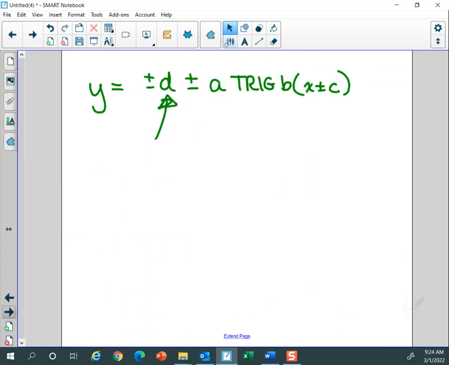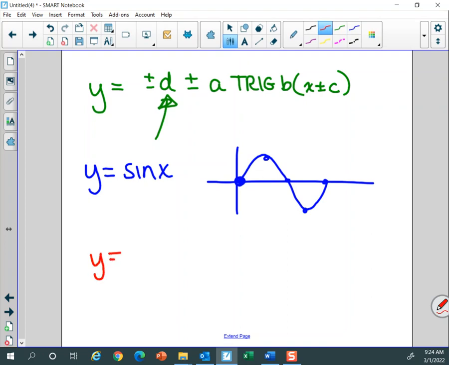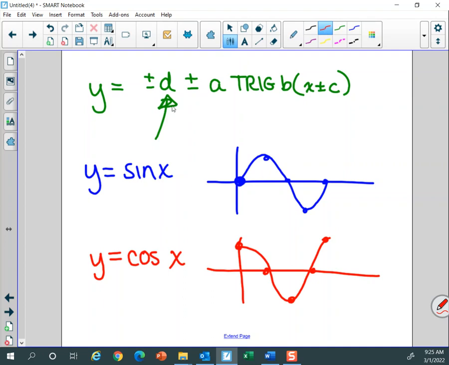I know if I start with just my basics, if I'm picking a single cycle of sine, I'm picking something that looks like that. If I'm picking a single cycle of cosine, I'm picking something that looks like that. So that's what I'm shooting for, a regular sine or a regular cosine, which would mean my first point is right on the y-axis.